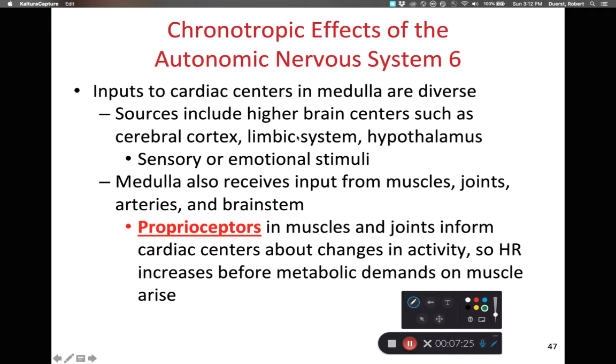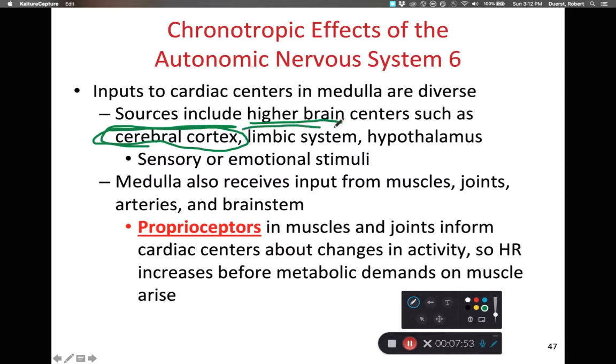Now, as we look at these cardiac centers, the inputs to the cardiac centers within the medulla oblongata are varied. There are many different sources. We can have higher brain centers. So when we say higher brain, we typically think parts of the cerebral cortex. So thinking about a situation can either cause you to relax or cause you to become stressed out.